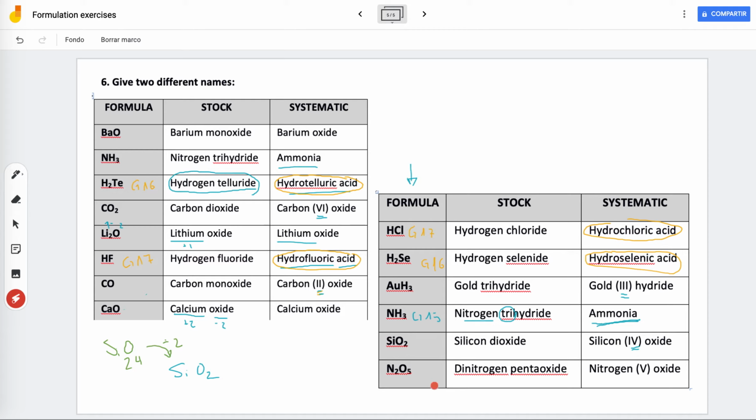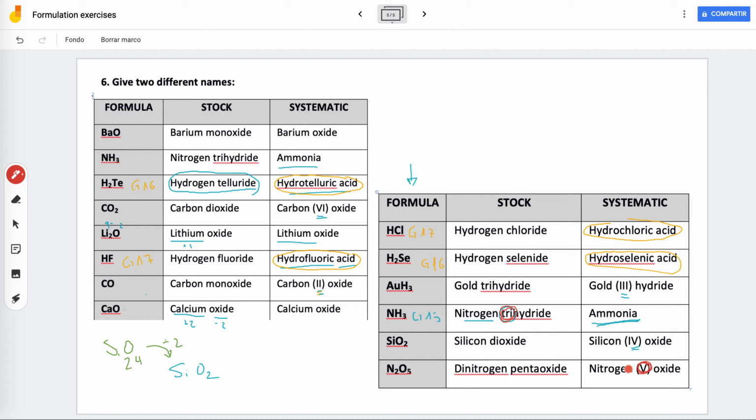And dinitrogen pentaoxide. Nitrogen can have two oxidation numbers: in this case 3, and in this case 5. 3 and 5.